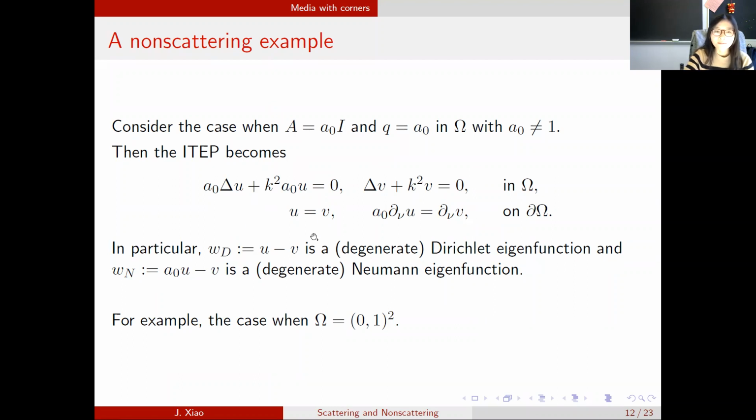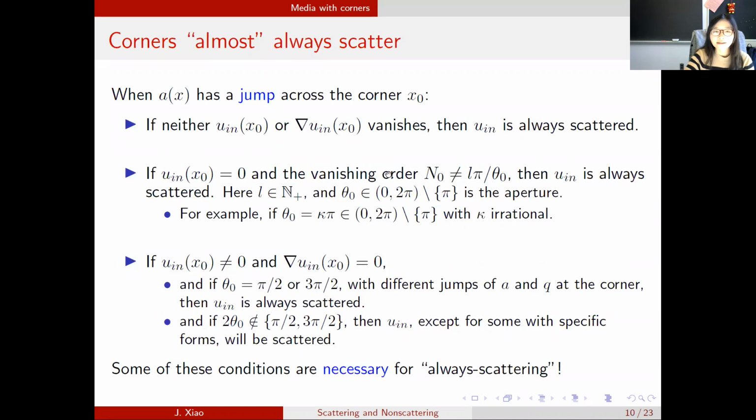So only when this corner is a rational portion of 2 pi, one could possibly define the Dirichlet eigenfunctions so that they can be extended outside the corner, in the neighborhood of this corner point. And so this one is also somehow necessary. Although we don't really know for each specific case, generally speaking, this condition is also necessary.